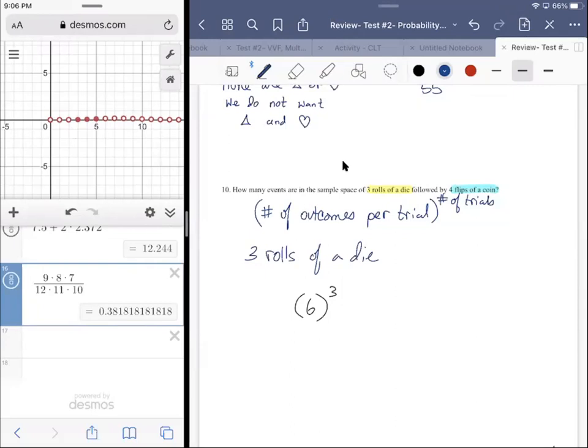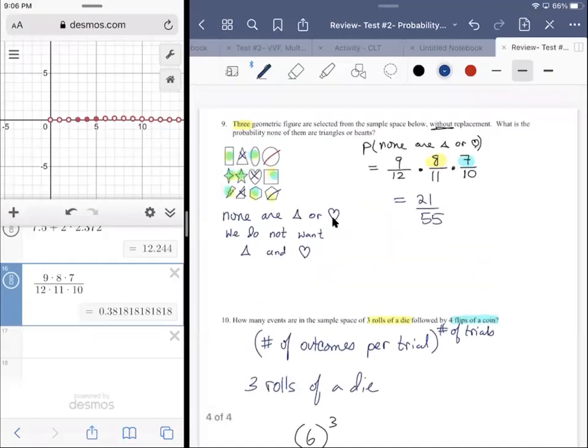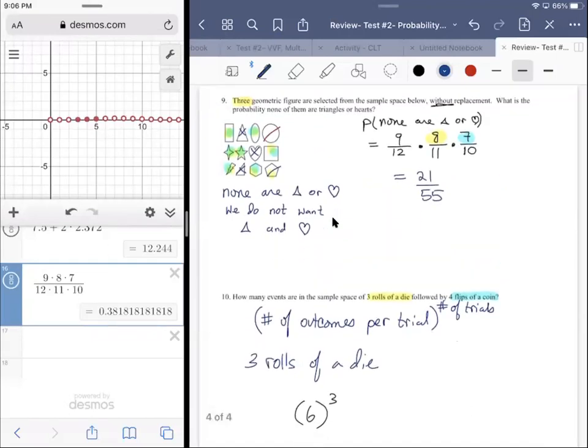All right, at that point, it's a good idea to check the chat because I see, how do we know to use multiplication for this question? What was our keyword? The keyword wasn't really so much with replacement or without replacement, although that could have been a key phrase. Going back to number 9, it had to do with the fact that there were 3 objects being selected.